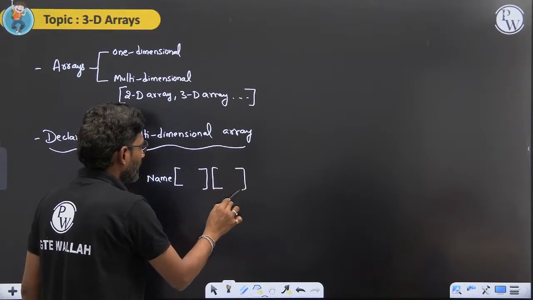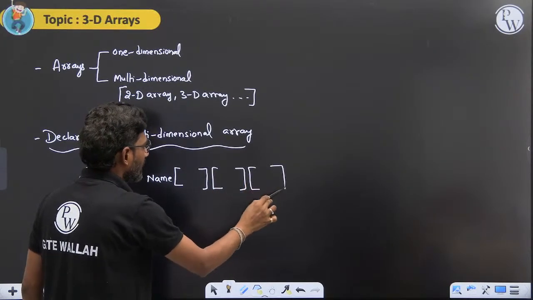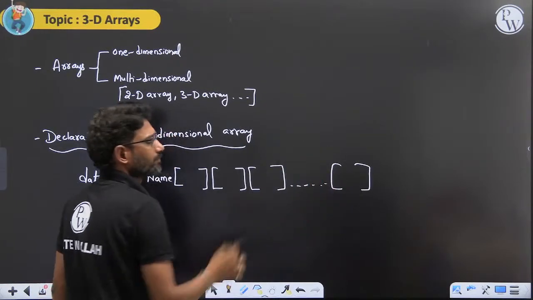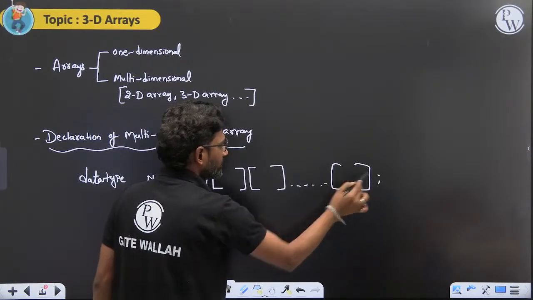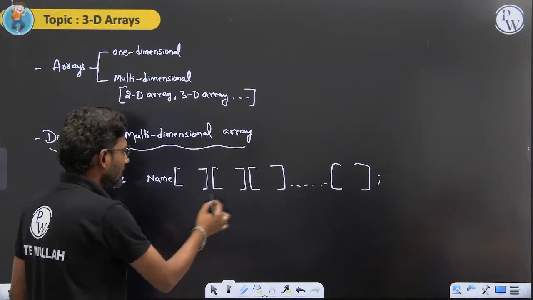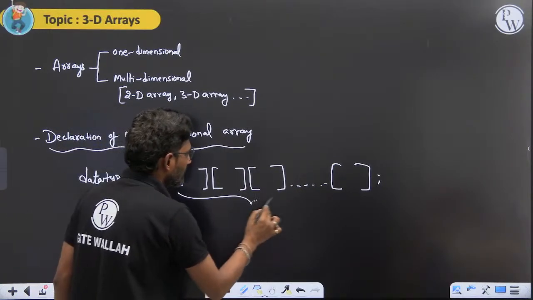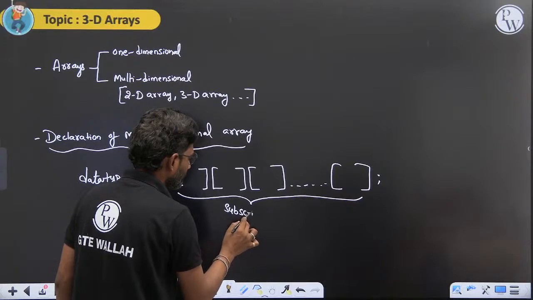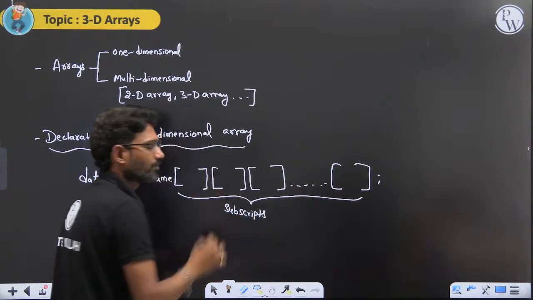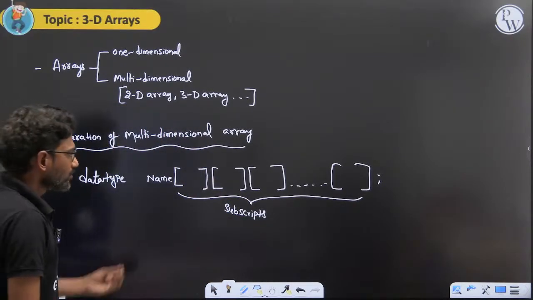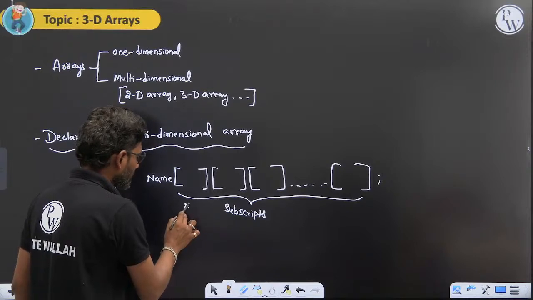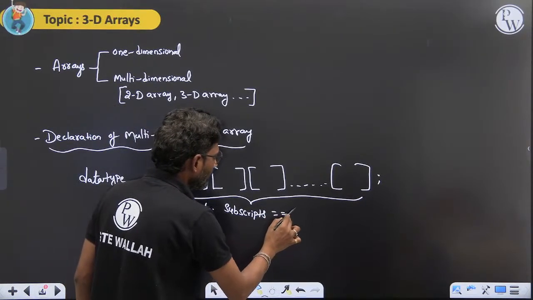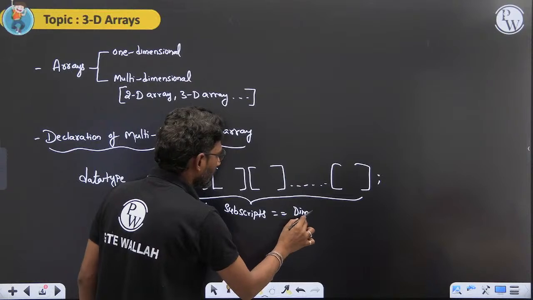The number of subscripts indicates the dimension. These are what we call subscripts. So the number of subscripts is equal to the dimension of an array.